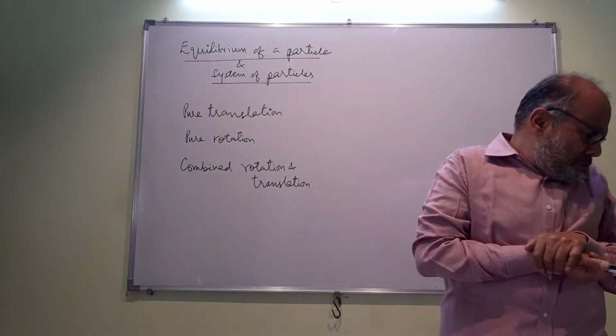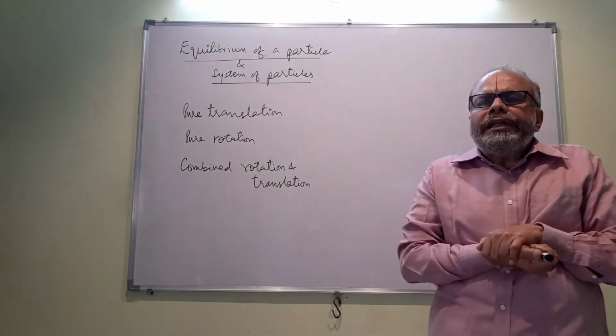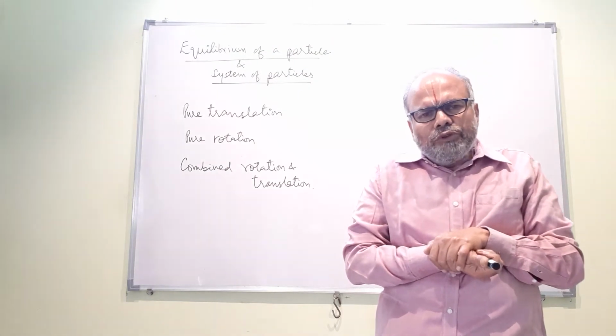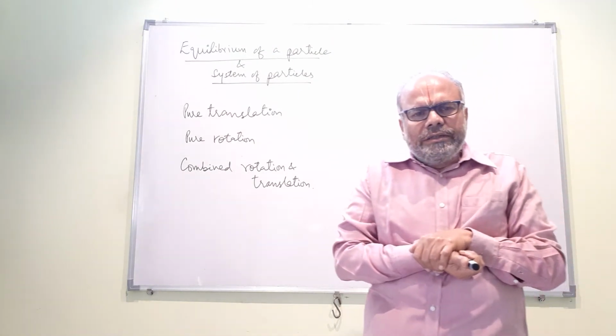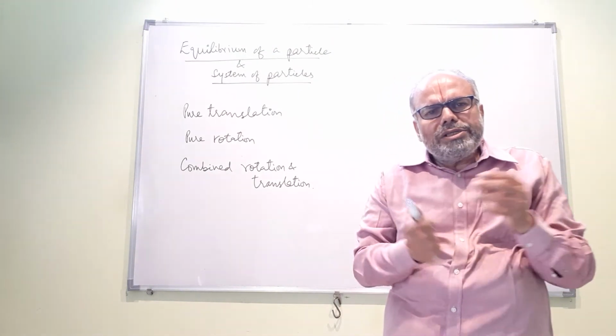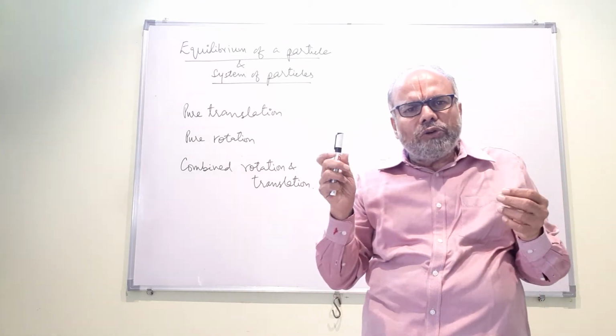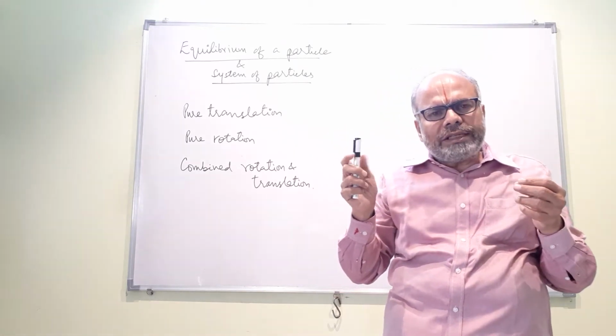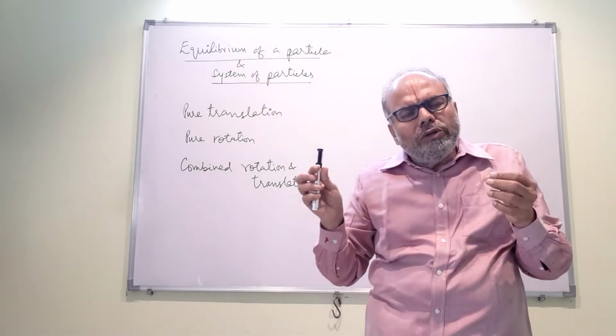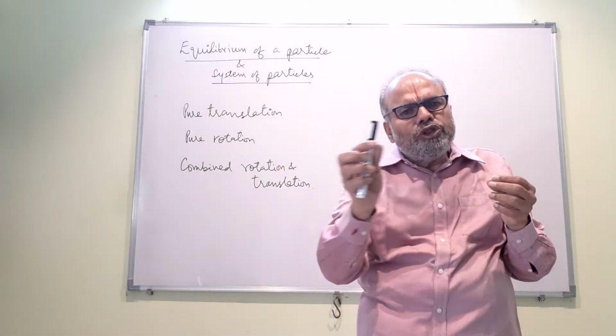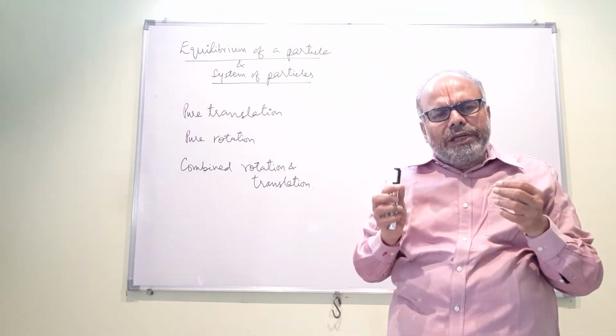Now, if you treat the earth as a particle, then what it means is we are ignoring the rotation of the earth about its own axis, and we are considering only the earth's revolution around the sun.